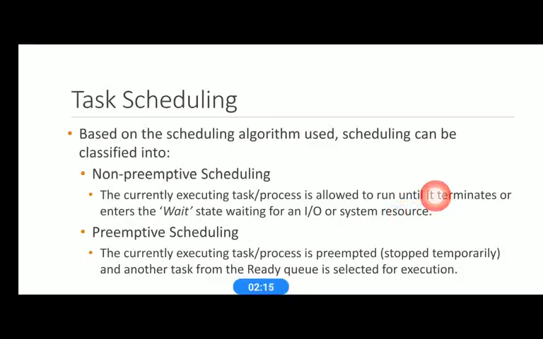Here it is continuously running till it terminates, or if it requires IO devices, it is pushed into a waiting state, right? Whereas in preemptive scheduling, the currently executing task or process is preempted, in the sense stopped temporarily, and another task which is in the ready queue is asked to execute.